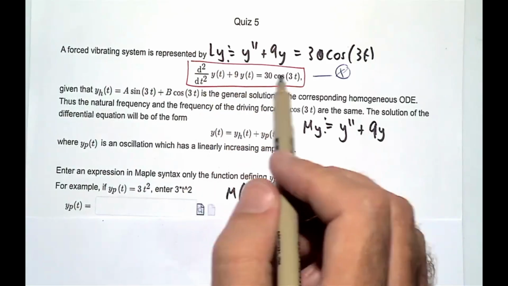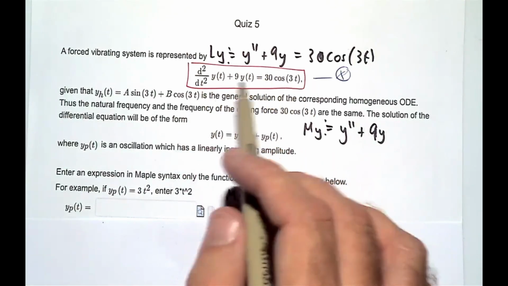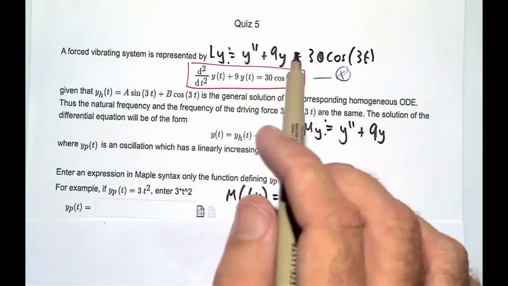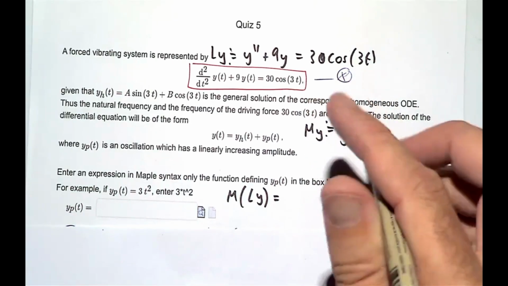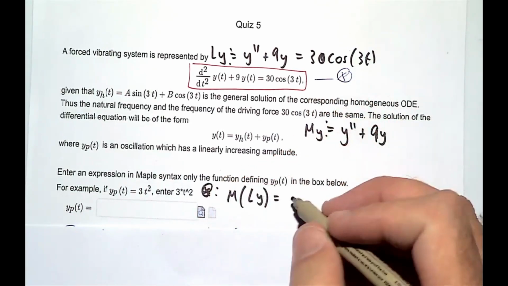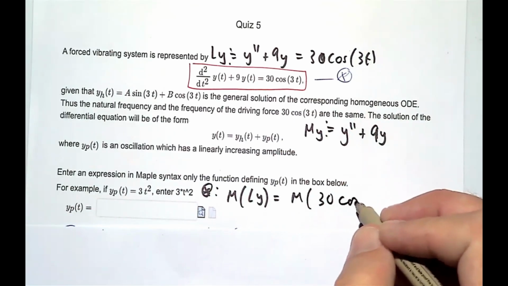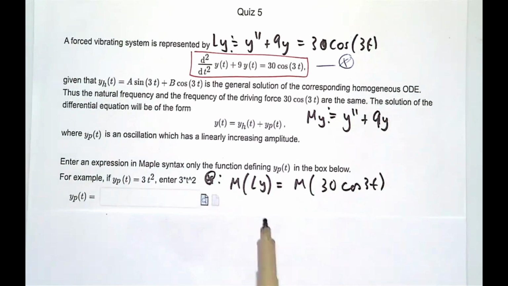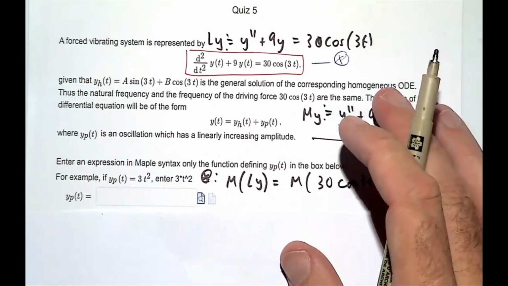All right, so I'm starting with this. I'm going to differentiate it twice and then add 9 lots of both the left-hand side and the right-hand side to both sides. Okay? All right, so that's the left-hand side when I'm applying this. That's the right-hand side. Okay, so let's actually do it.